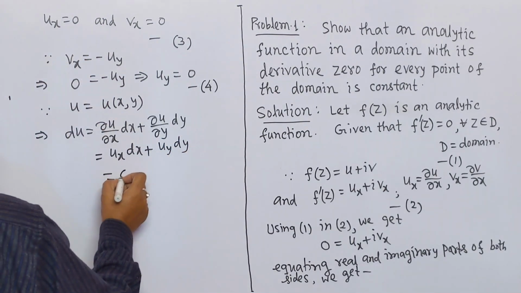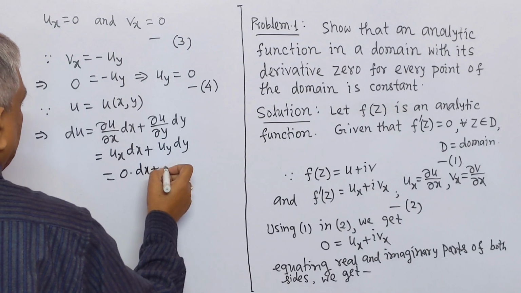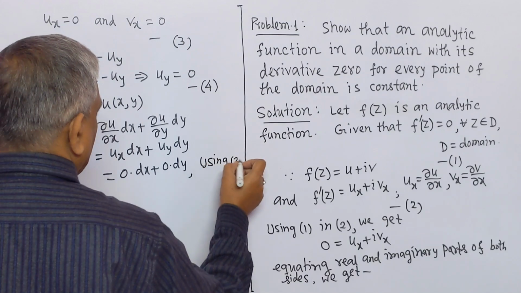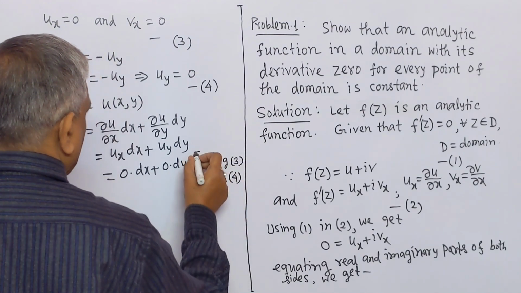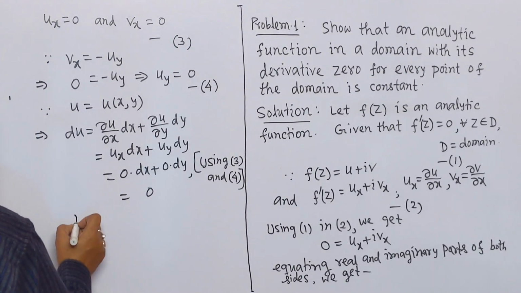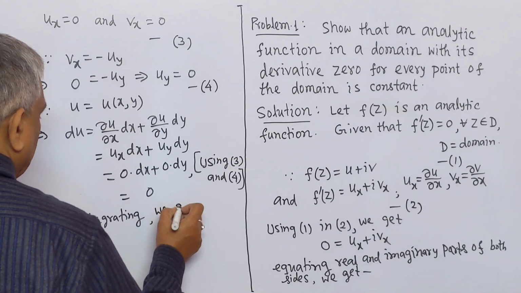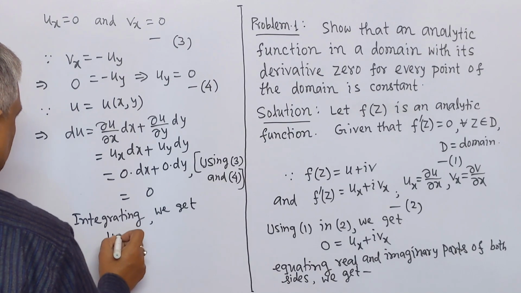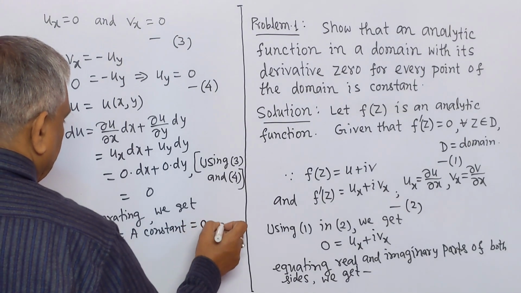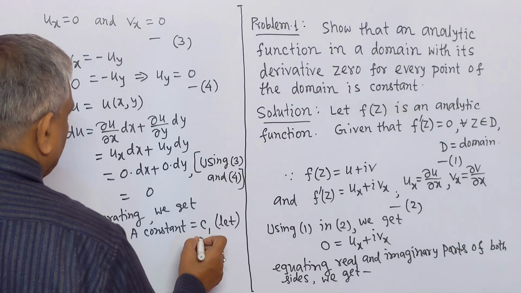Here ux equal to 0 multiplied by dx plus uy equal to 0 multiplied by dy, using 3 and 4, and this equals 0. Integrating, we get u equal to a constant, let it be c1. This is number 5.